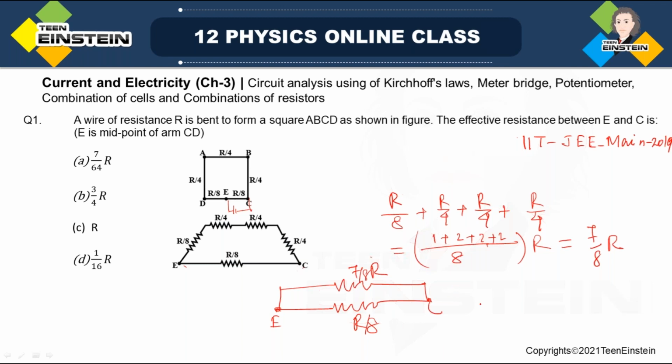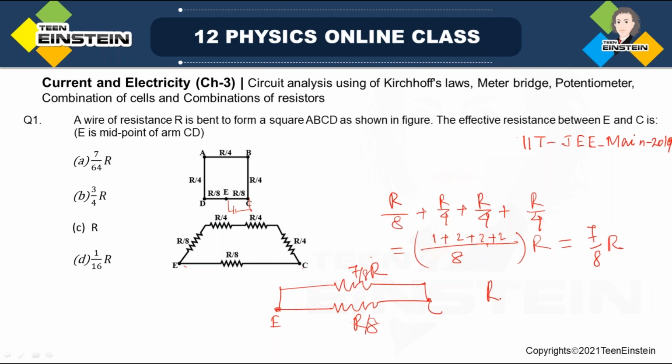Parallel combination means multiplication by addition. So multiplication, 7 by 8, let me do it carefully.